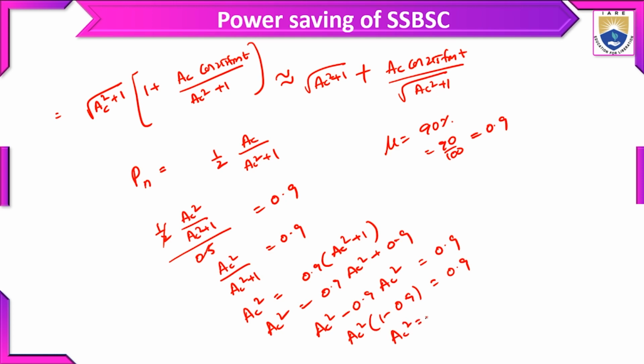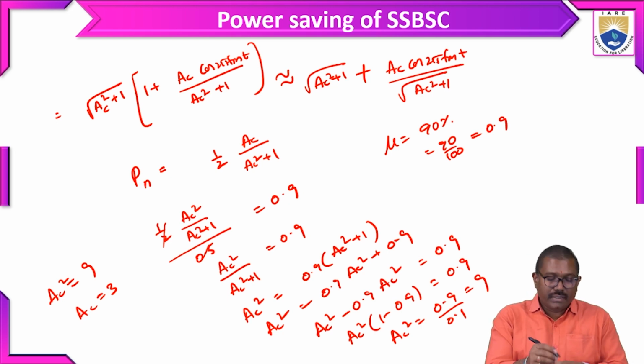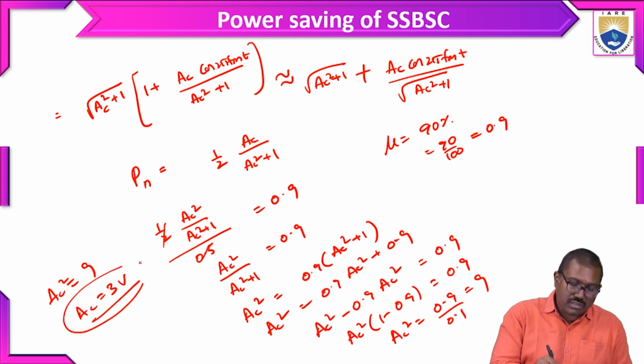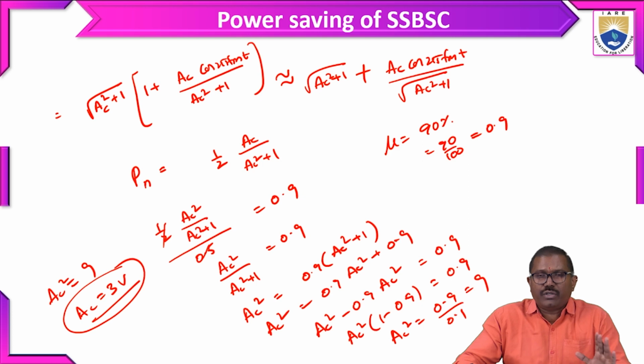So AC square is equal to 0.9 divided by 0.1, which is nothing but 9. So AC square is equal to 9. Then AC is equal to 3. So the amplitude of the reinserted carrier should be 3 volts. So this is the amplitude of the carrier. After the carrier is reinserted, the required amplitude is 3 volts.